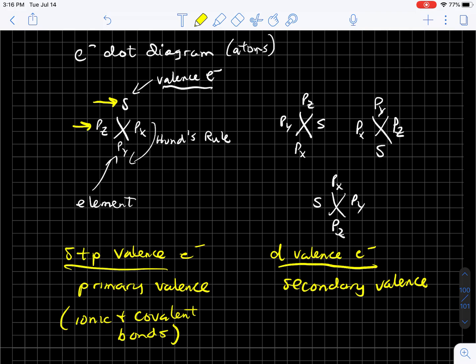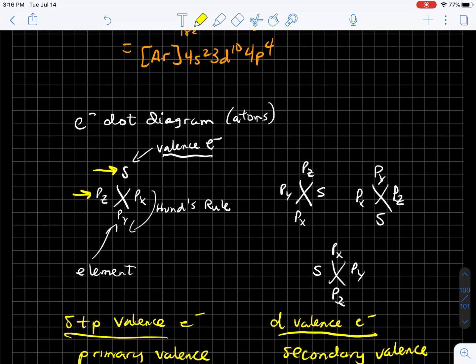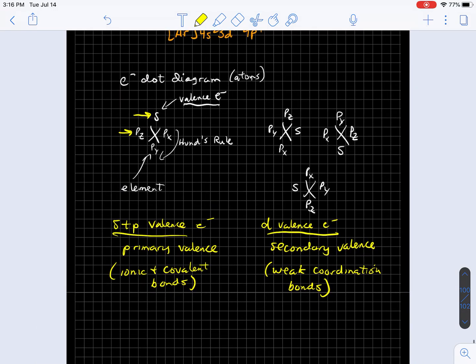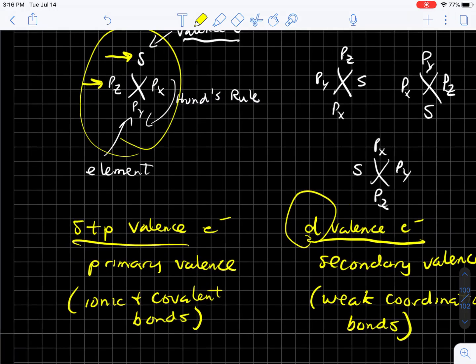The pentahydrate part was connected using secondary valence, and these create weak, what's called coordination bonds. So in other words, if we're doing an electron dot diagram, there are no d electrons in an electron dot diagram, only the s and p, because we're just showing primary valence.